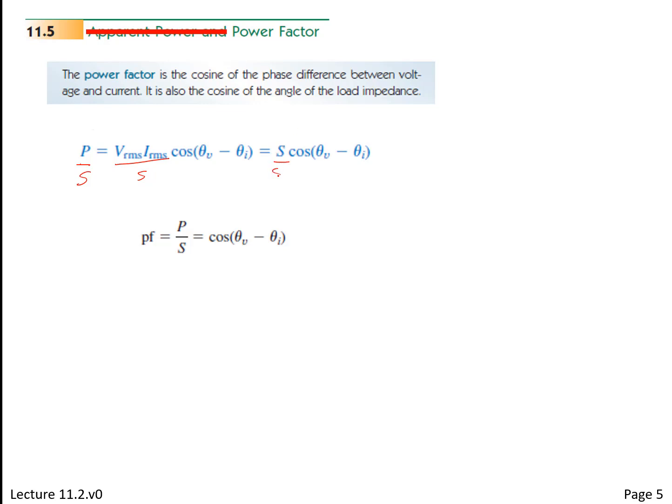I want to divide this by S. Boom. I've got the cosine of the two angles right there equal to P over S. That's my definition of the power factor.